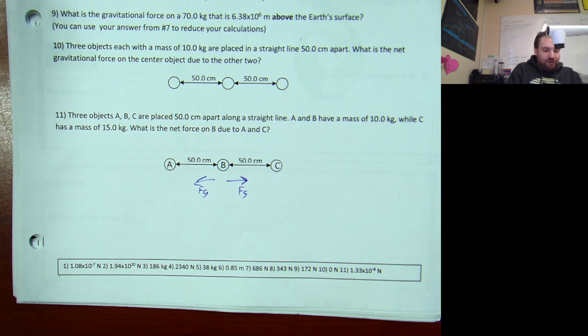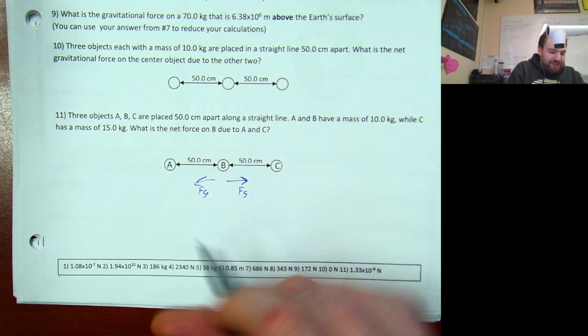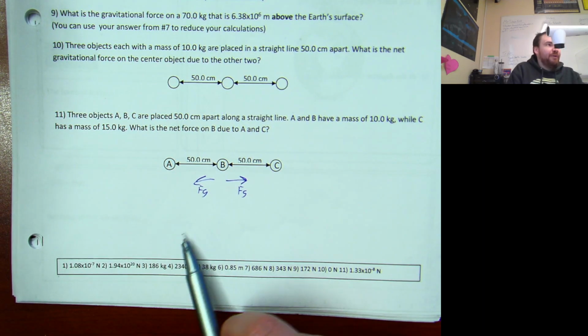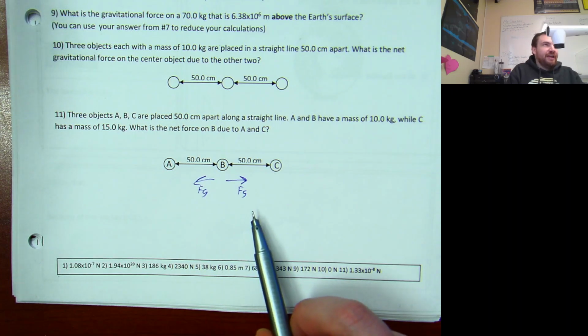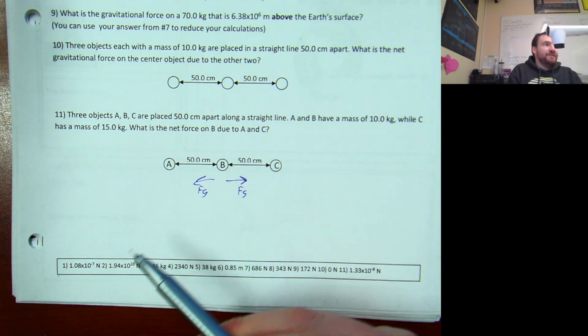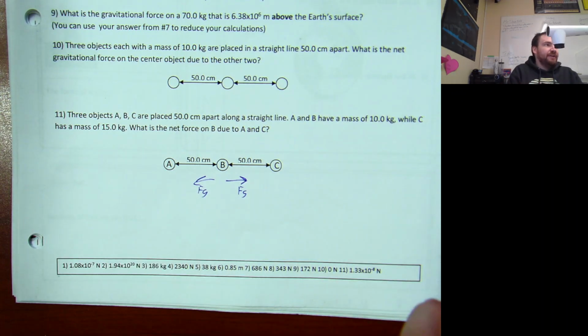So you'd have 6.67 times 10 to the negative 11 times 10 times 10 divided by 0.5 squared, and on the right-hand side 6.67 times 10 to the negative 11 times 10 times 15 divided by 0.5 squared. One is positive, one is negative, so you add them together. I'm certain you did it correctly.